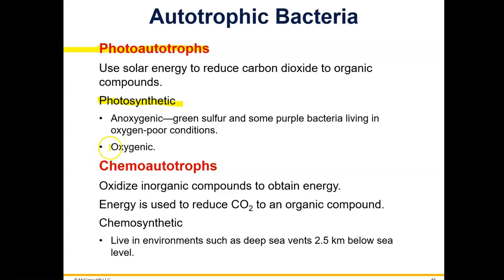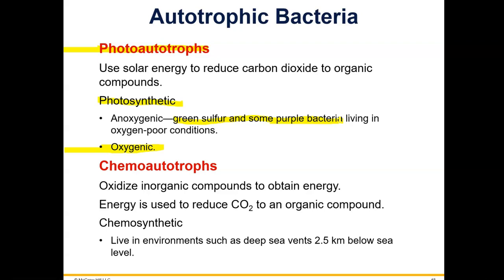Now, if they're oxygenic, they're like plants. That means they also produce oxygen through photosynthesis. But if they're anoxygenic, like the green sulfur bacteria and some of the purple bacteria, then they do not. They are found living in oxygen-poor conditions, and they don't provide oxygen.